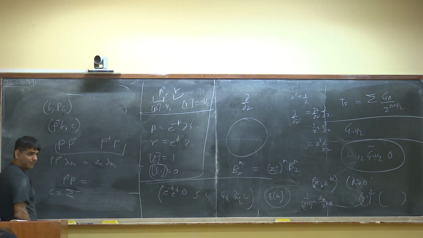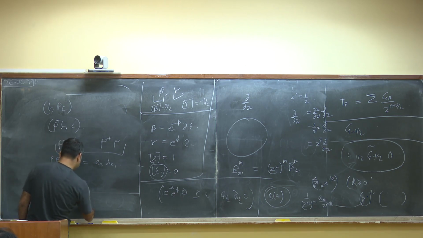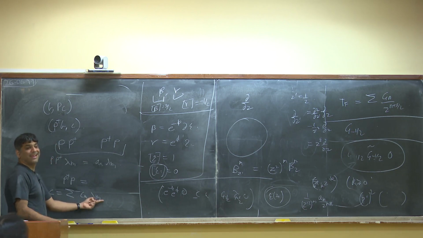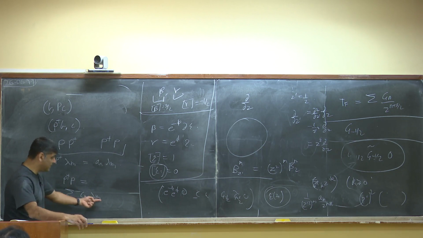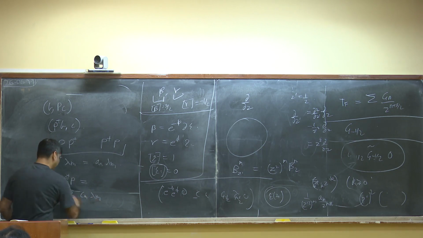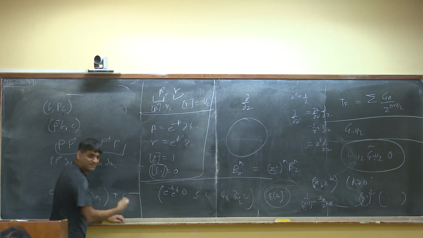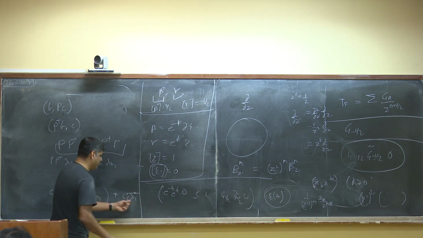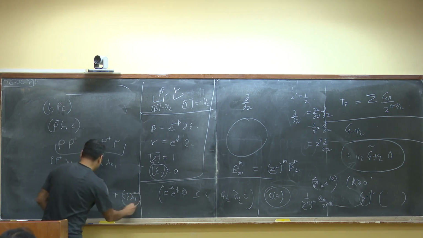and write it as a sum over Cm times lambda m, where these lambda m's are the non-zero modes, plus the special zero modes, C0 times lambda 0, C0I times lambda 0I. There may have been many zero modes.